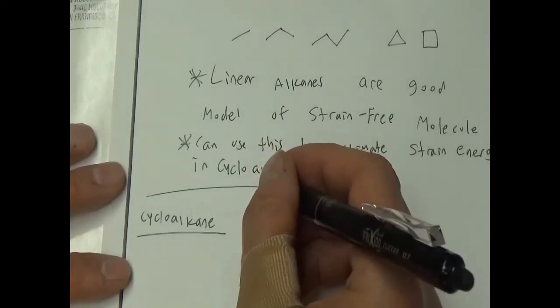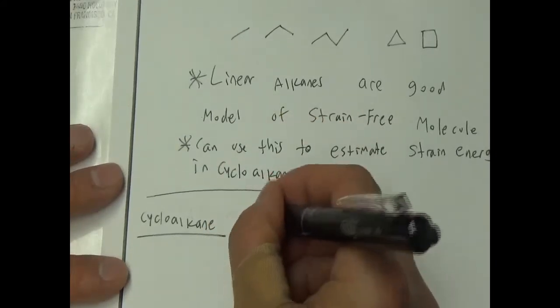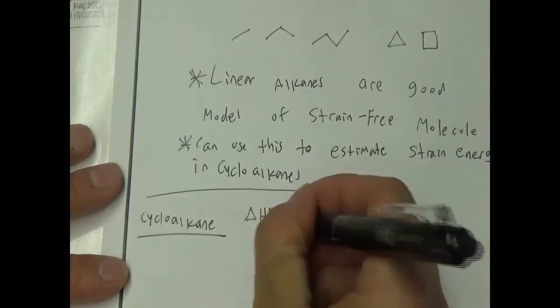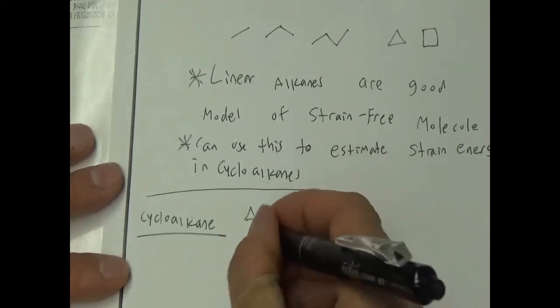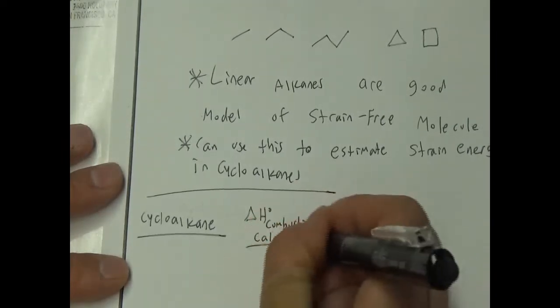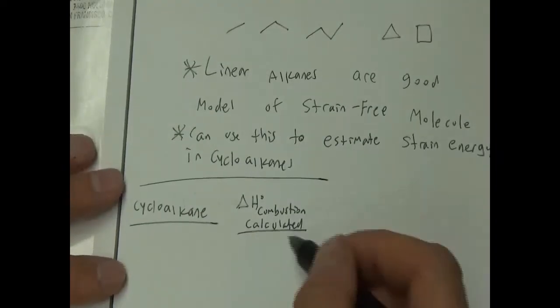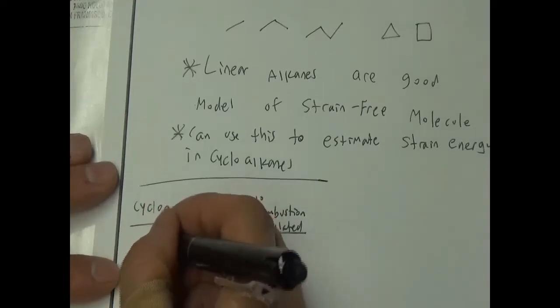We're going to calculate the delta H combustion based on our magic number, right? It's 157.4.